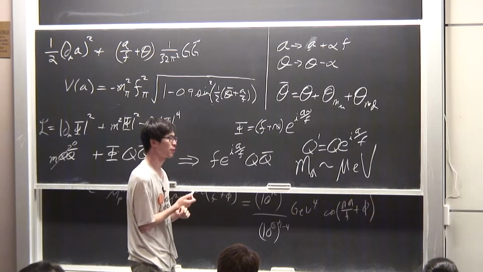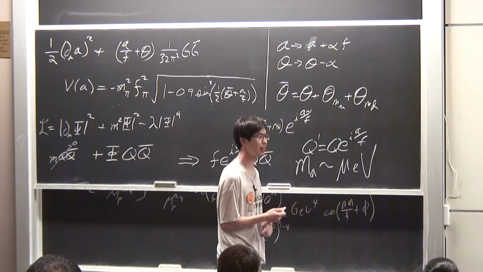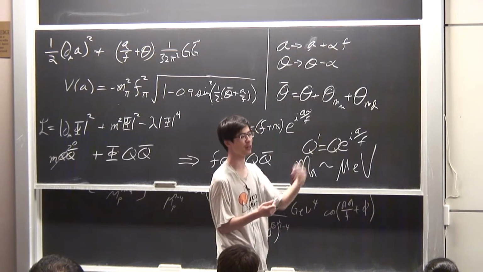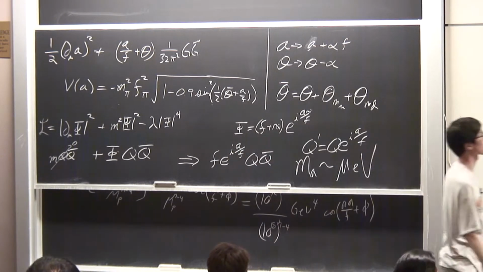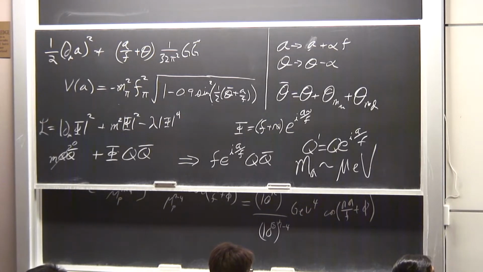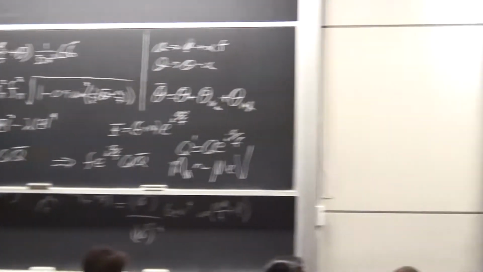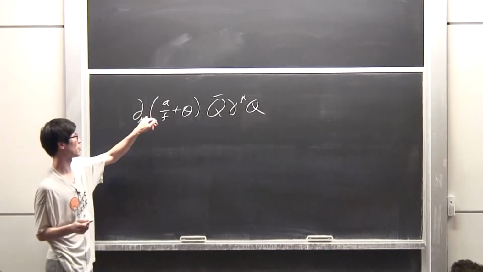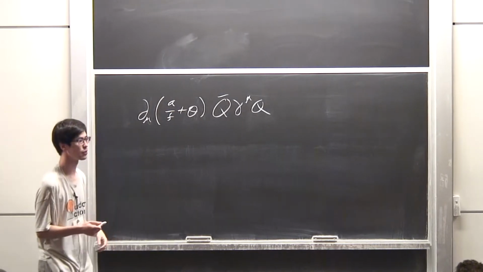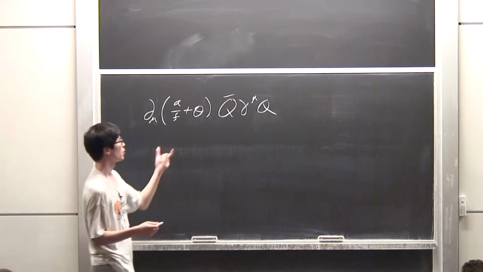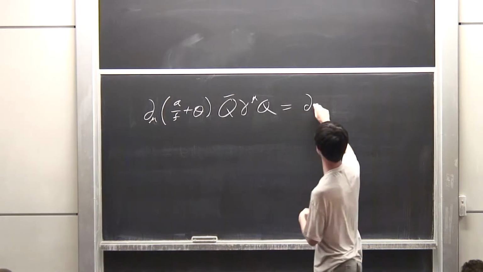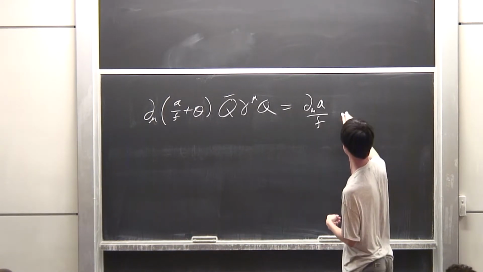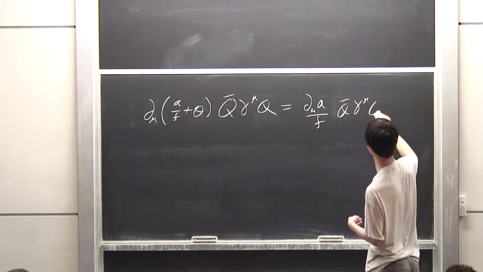However, derivative couplings are different. The reason is that the derivative of a constant is 0. And so you could have a term that looks like it was never there. For example, d_mu (a over f plus theta) times, let's say, q bar gamma^mu q. If you had no axion, this is the derivative of a constant, and this thing is completely negligible. But once you have the axion there, you can just ignore that piece, and you get d_mu a over f times q bar gamma^mu q.